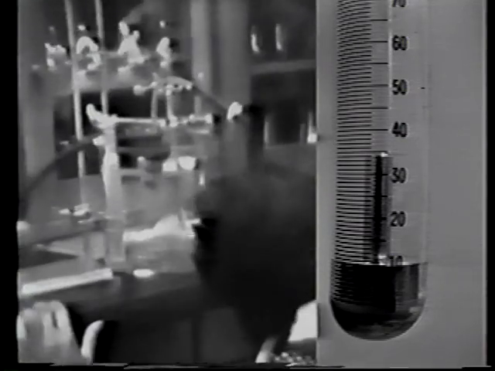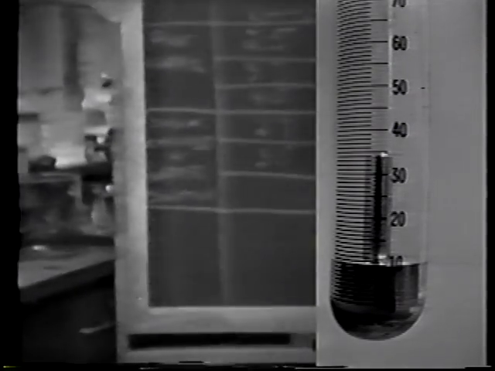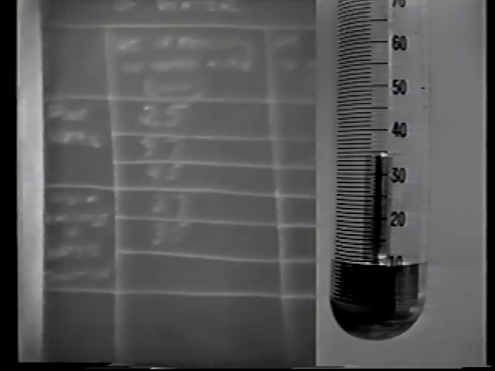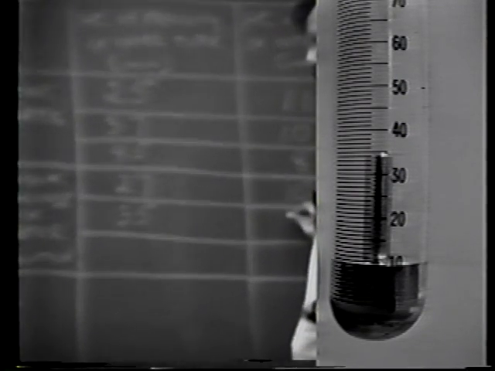Sam? The height of mercury in the inner tube. 35 millimeters of mercury. Height of mercury in outer tube. 9 millimeters of mercury.